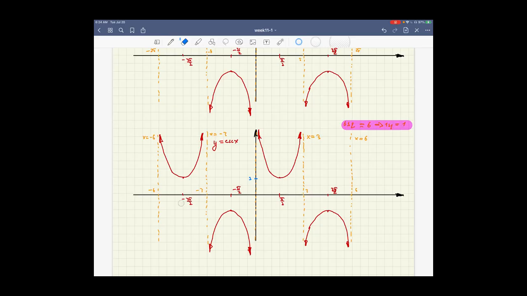And accordingly, instead of negative 3 pi over 2, negative pi over 2, pi over 2, and 3 pi over 2, we get the following labels.